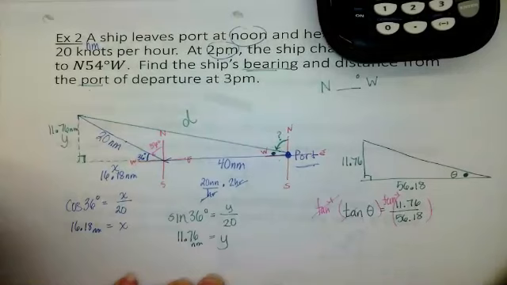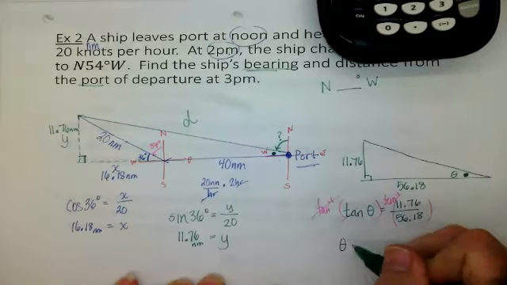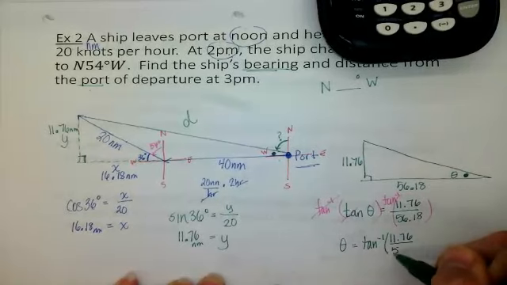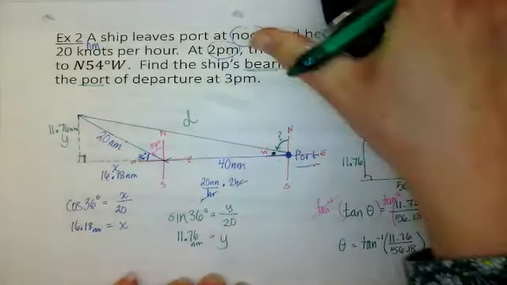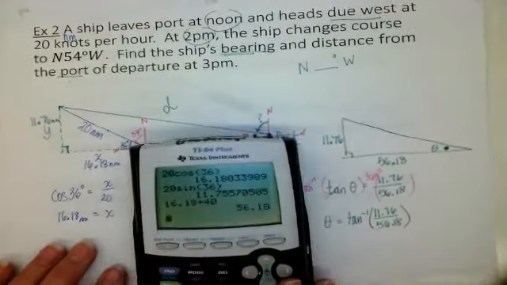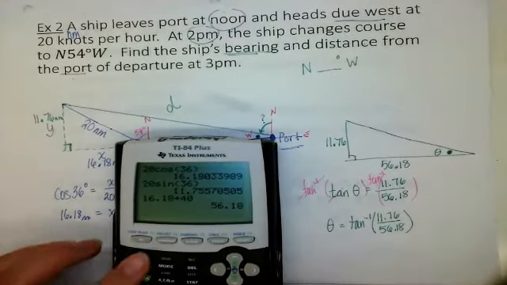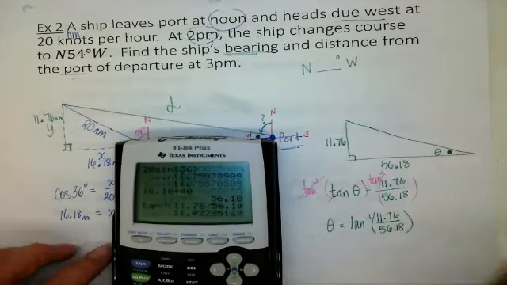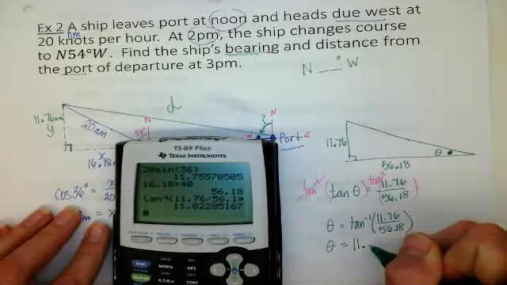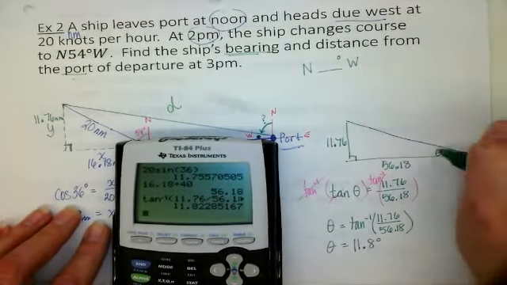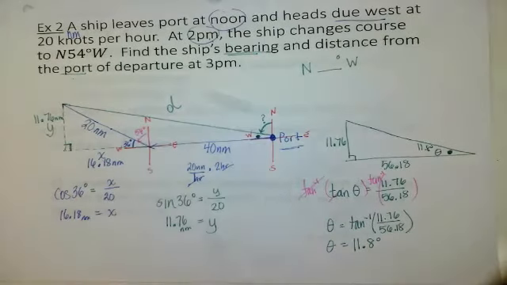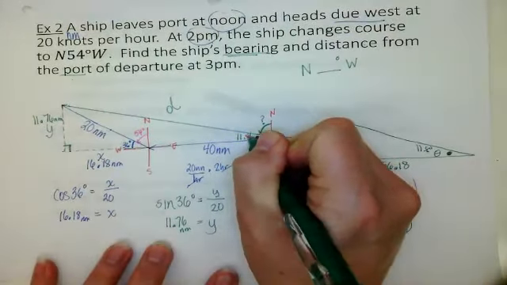Tangent inverse and tangent cancel out, so that I get theta equals tangent inverse of 11.76 over 56.18. Type that into my calculator. Tangent inverse of 11.76 over 56.18. And I get 11.8 degrees. So this is 11.8 degrees, which is the same as this, 11.8 degrees.